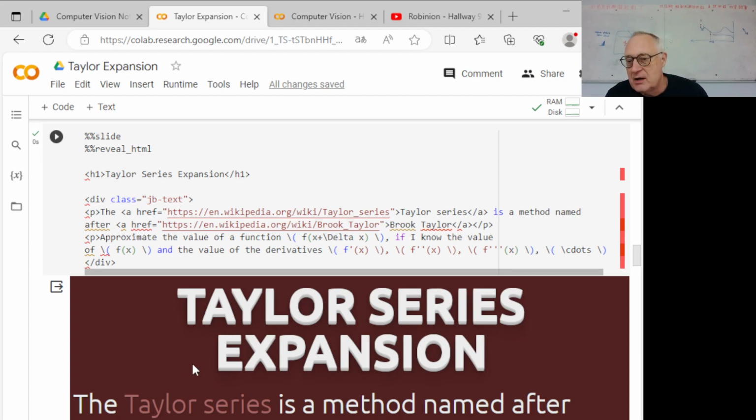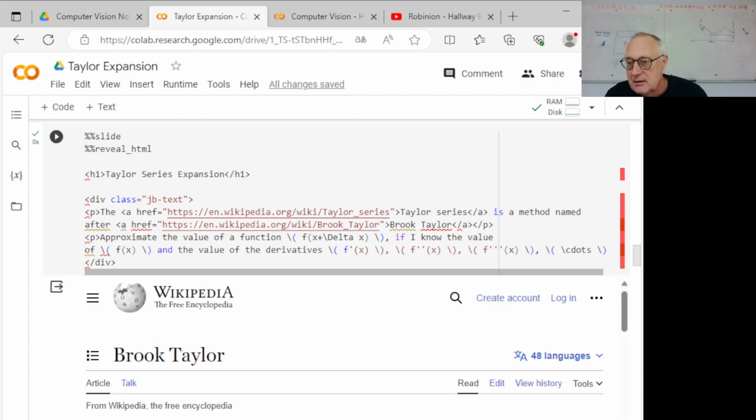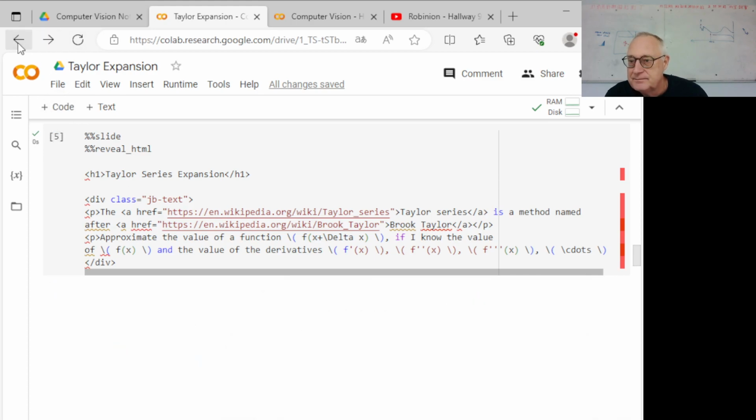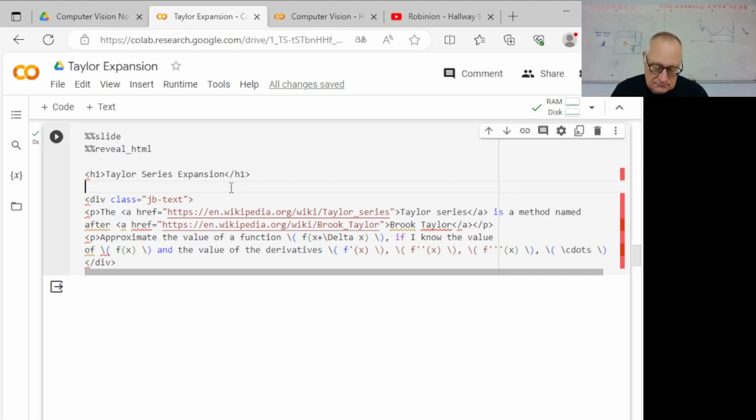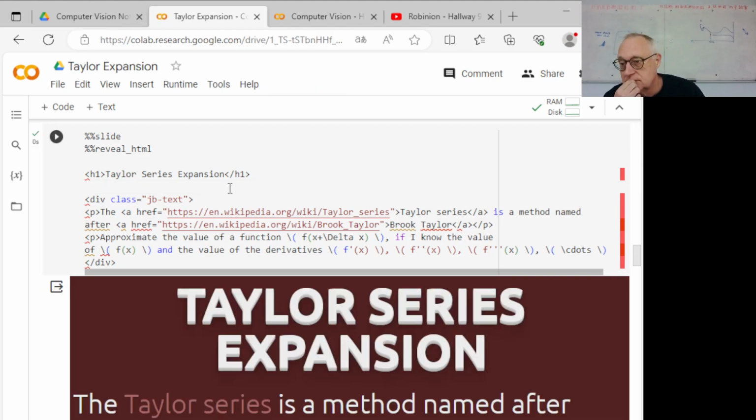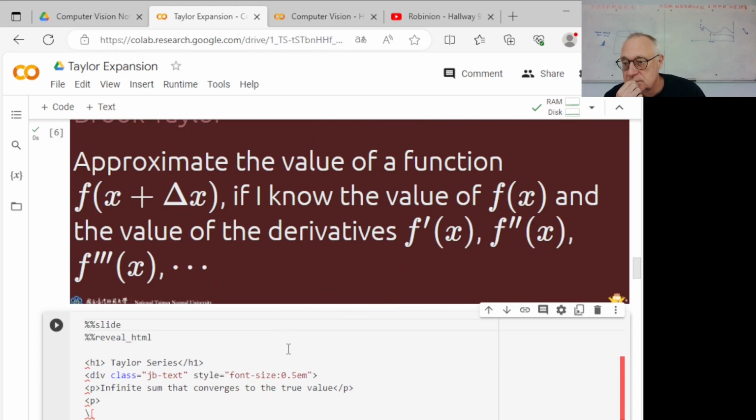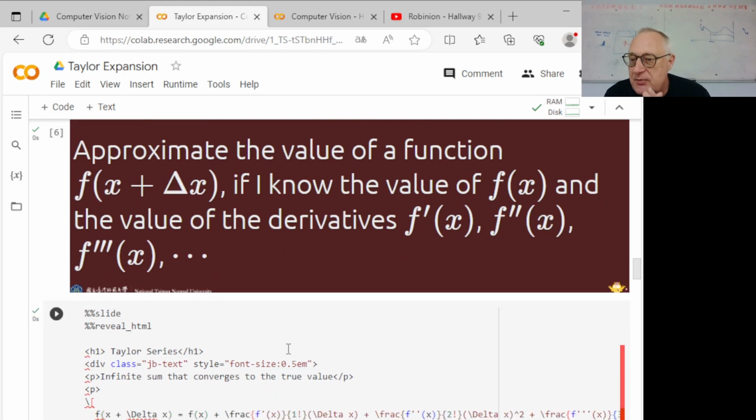It was developed by Brook Taylor, 1685 to 1731. And he developed the infinite sum that converges to the true value of the function.